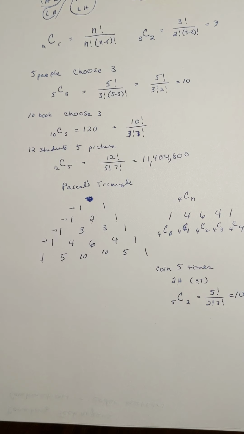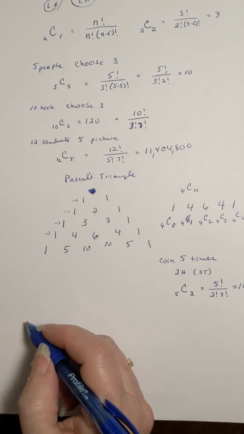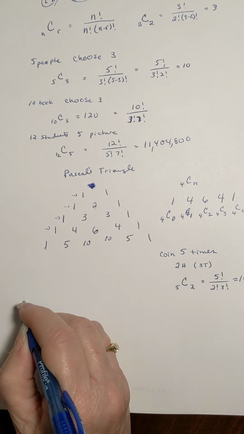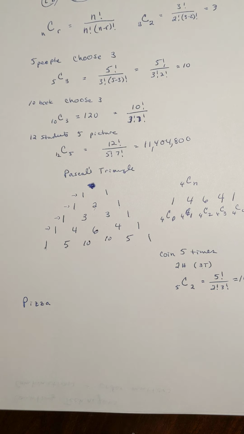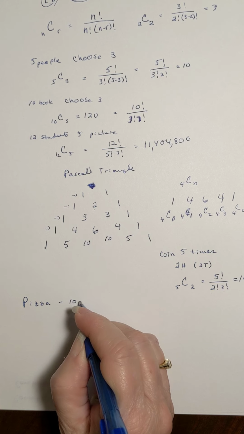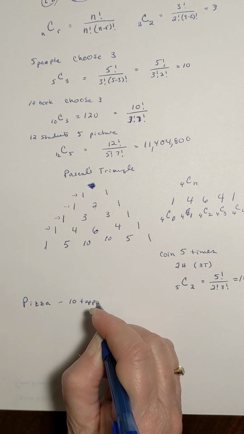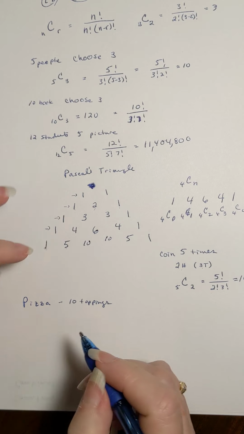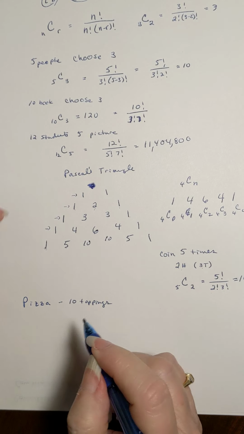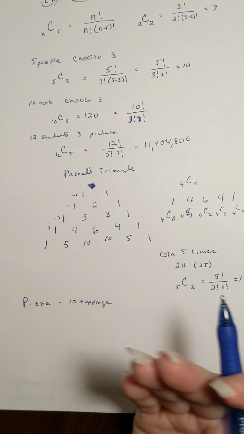All right? Now, one thing that's not really permutations or combinations, let's say that I have a pizza parlor. And it has 10 different toppings. All right? How many ways can I choose those toppings? And this has nothing to do with combinations or permutations.